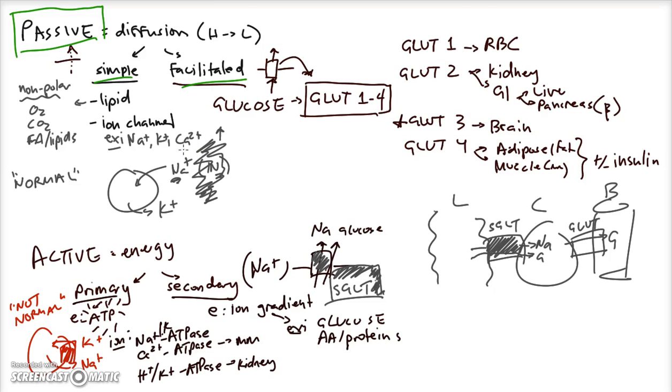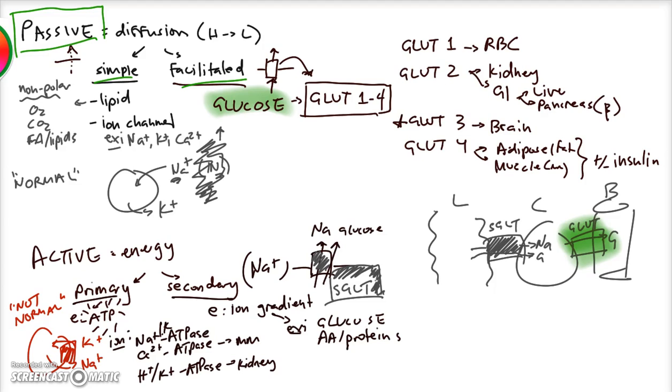These are some examples. Facilitated, here your question is going to be related to something about glucose. It moves through the GLUT transporter without requiring energy. The GLUT transporter always sits here at this junction between the cell and the bloodstream.